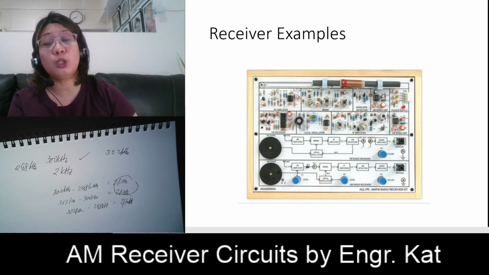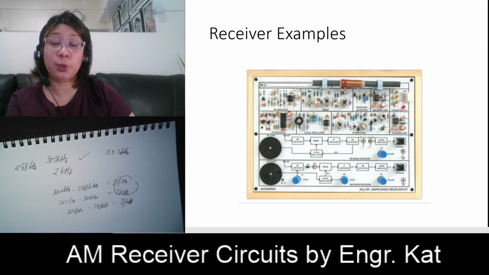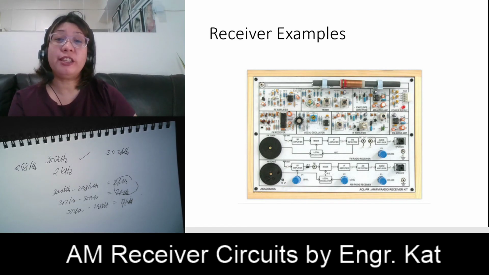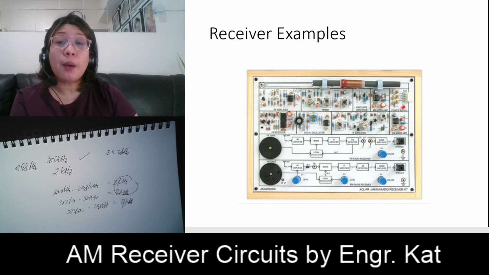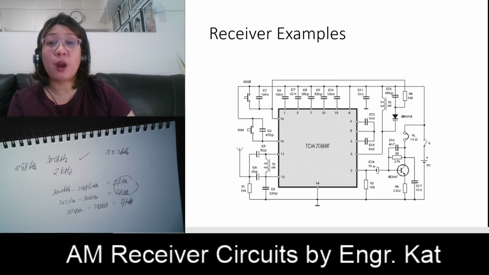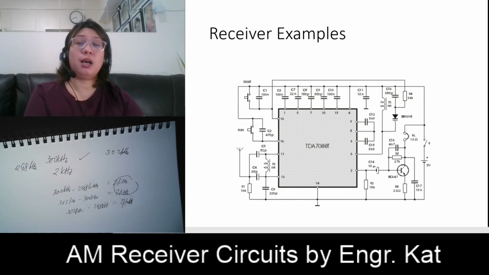Usually this is your transformer for coupling purposes. Transformers are not yet embedded in an integrated circuit, or some are already in the form of an integrated circuit. These are some receiver examples.